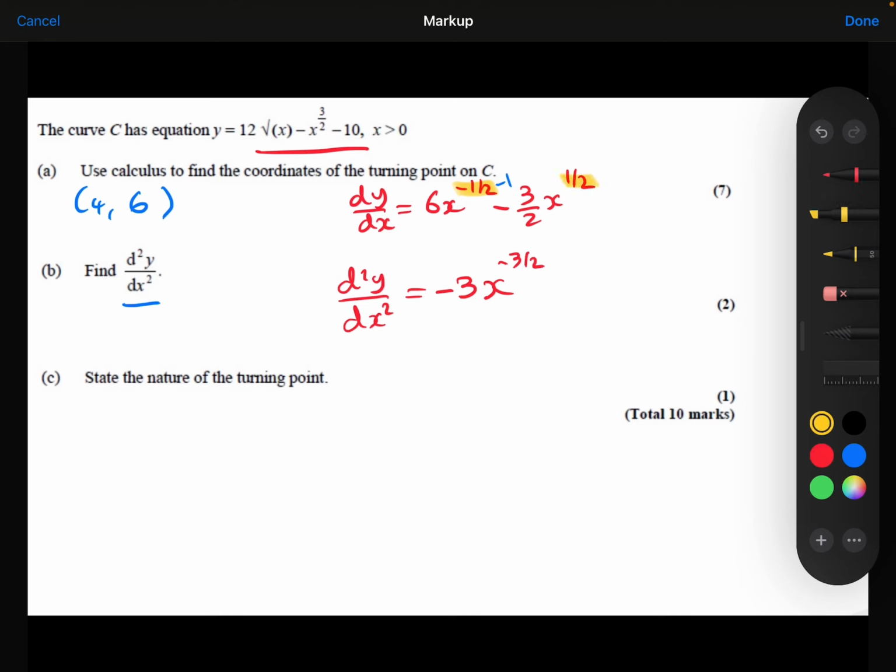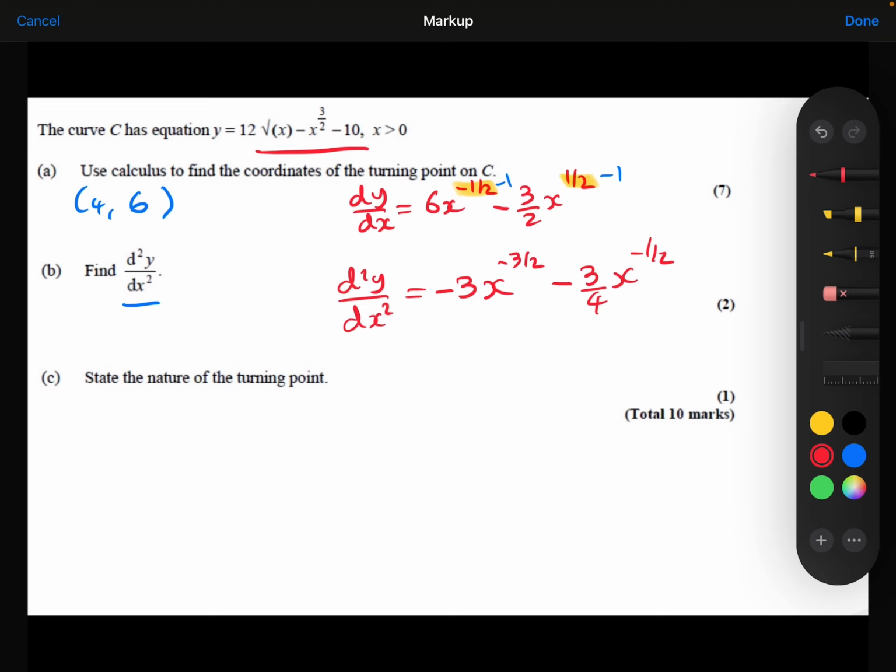Second term, we're going to multiply by 1/2. So the 3 over 2 times a half is 3 over 4. Take 1 away from the power, and we get minus 1/2. And that is my second derivative. So that's part B done.